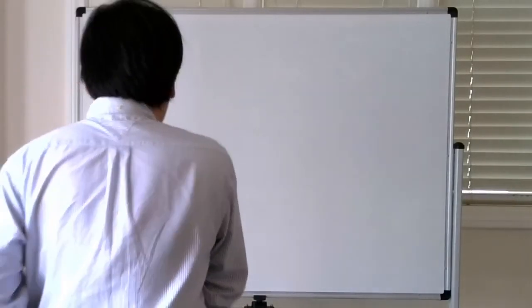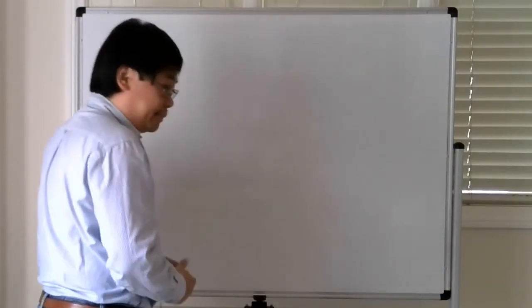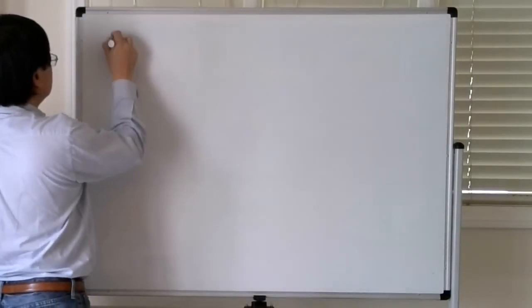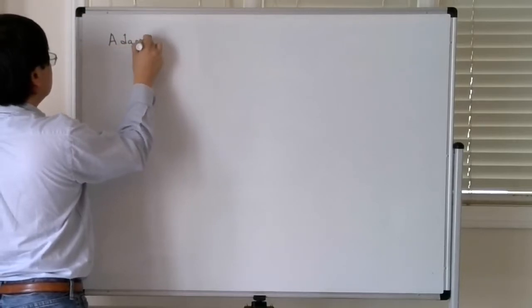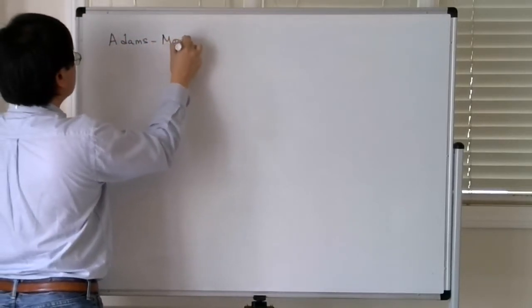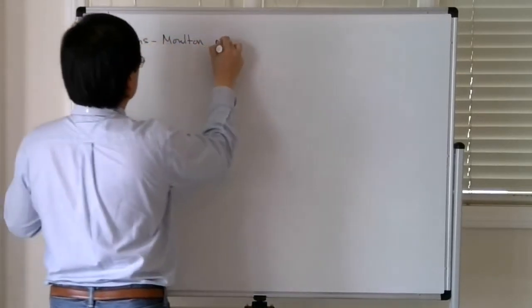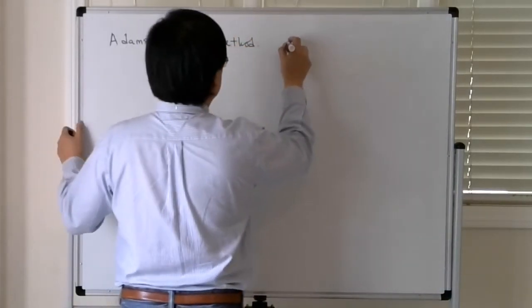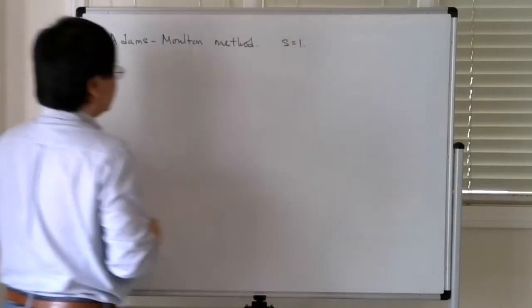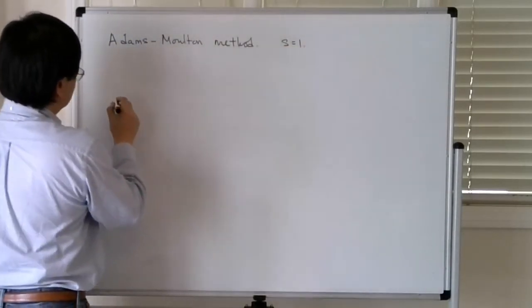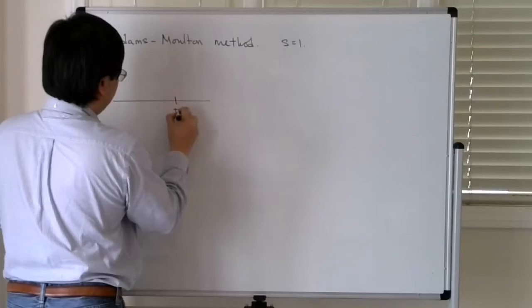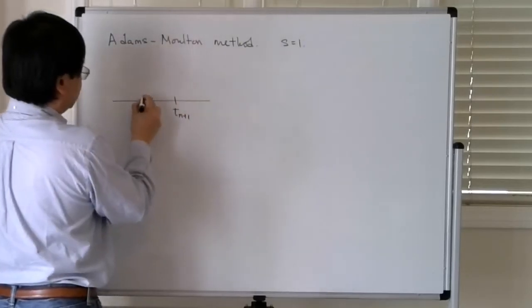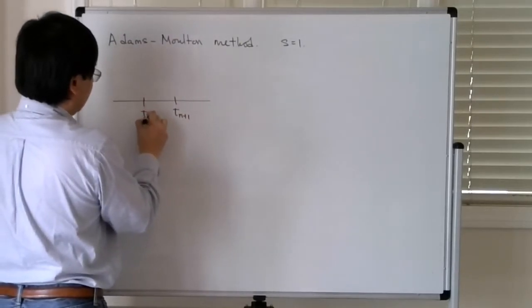So let me show you a simple example of an Adams-Moulton method. Again, let's consider the s equals 1 case for the Adams-Moulton method. Now you have 2 points, tn plus 1 and tn.